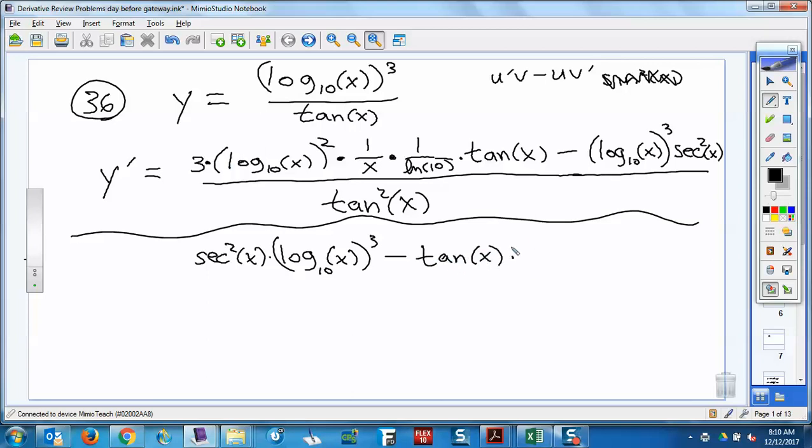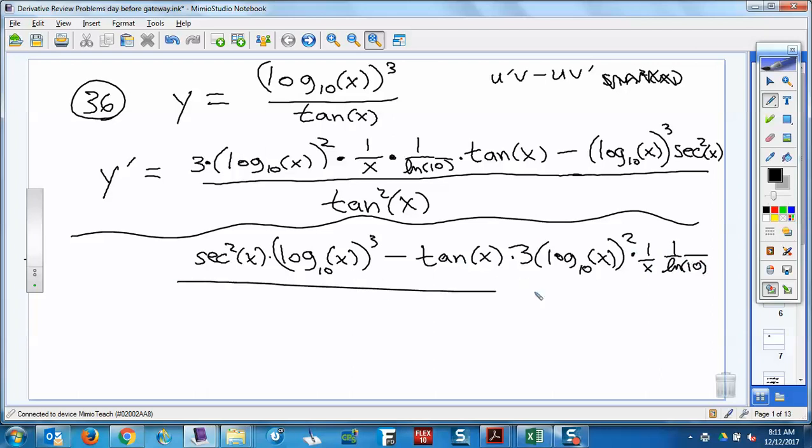So I'd have 3 log base 10 of x squared times 1 over x times 1 over ln 10. And then I'd have log base 10 of x cubed and then squared. What's cubed and squared? To the 6th power. So see how we'd have had that? I don't think I forgot anything.